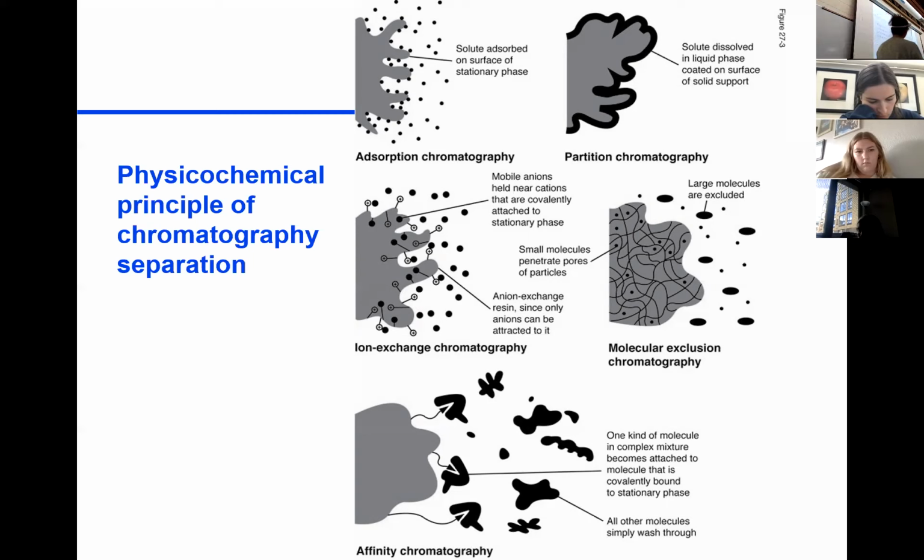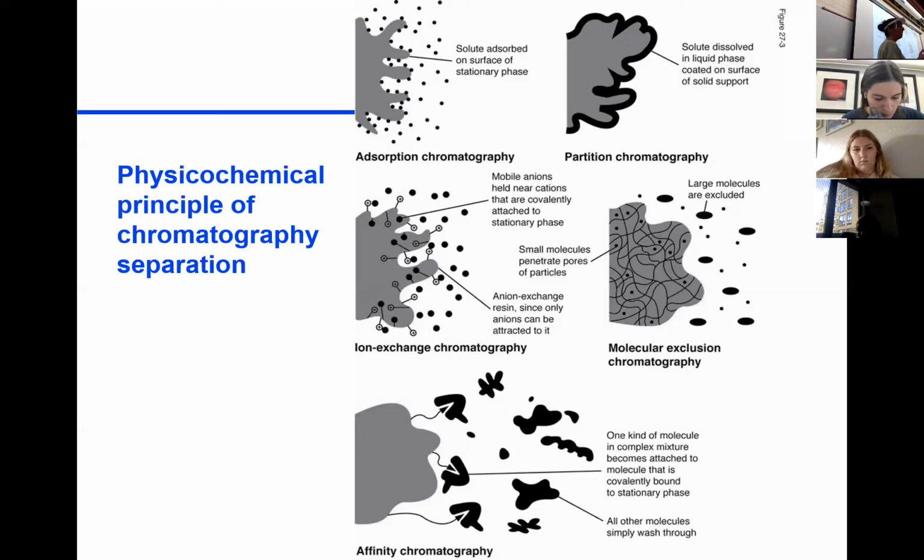What you see here is a complex matrix that has different pore sizes. Your matrix has pores in it, and your molecules will go through the pores and leave the column that way. The smaller the molecule is, the more pores are accessible to it, so it would go into almost any size of the pores.